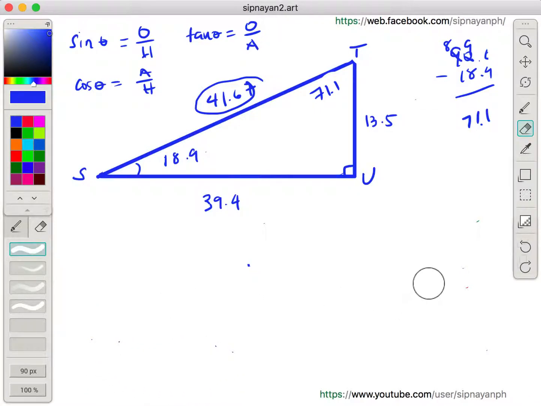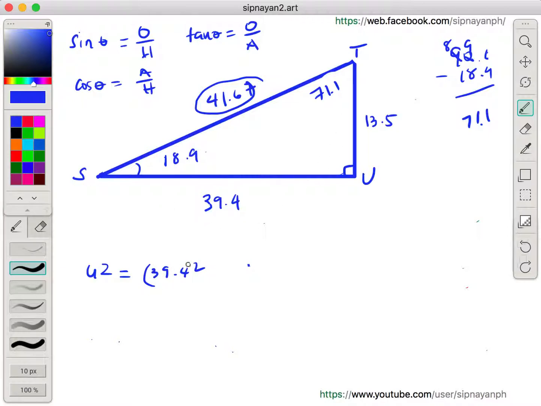The Pythagorean theorem, ito yung given natin kanina, di ba? 13.5 tsaka 39.4. So, u squared equals 39.4 squared. Sabi sa Pythagorean theorem, the square of the hypotenuse is equal to the sum of the squares of the two shorter legs. So, the square of one shorter leg is 39.4 squared, and then we have plus 13.5 squared. So, dapat ang lalabas na u, sana malapit ito, otherwise, mali tayo.